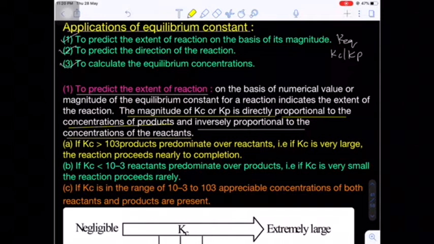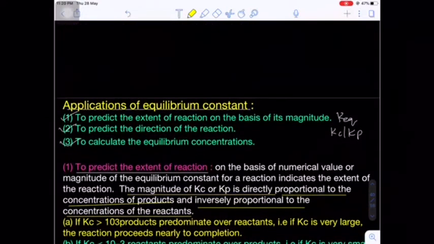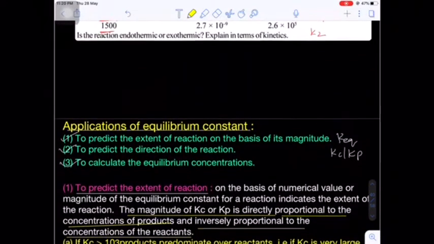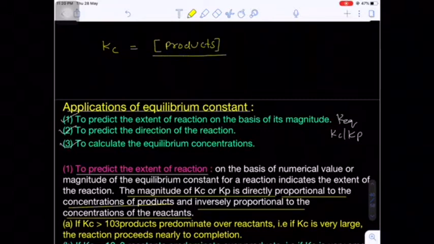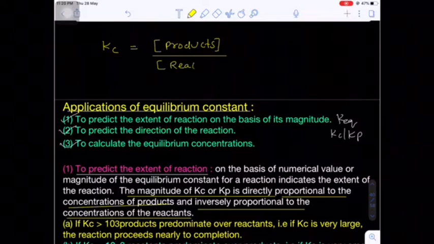Why? Because of the formula of Kc or Kp. Generally, I am writing the Kc expression: Kc is equal to the concentration of the products divided by the concentration of the reactants.